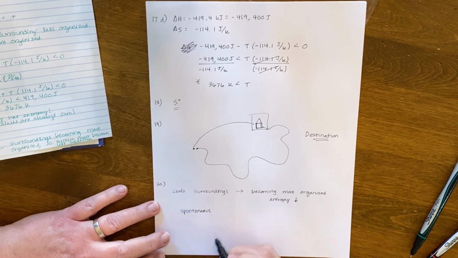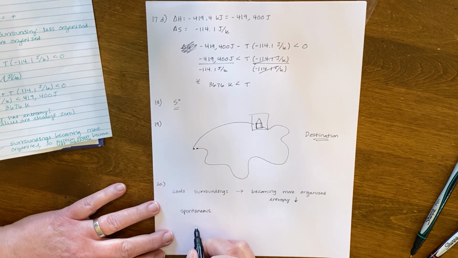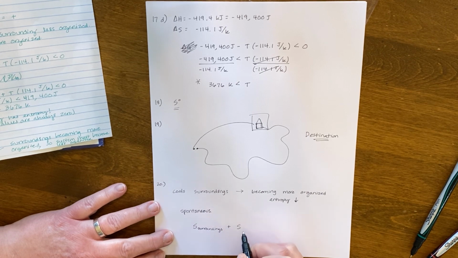Well, the only way for something to be spontaneous is if we add the entropy of the surroundings and the entropy of the system and get a value less than zero. This is what Gibbs free energy tells us, that it's only spontaneous when the entropy of the surroundings plus the entropy of the system is less than zero.